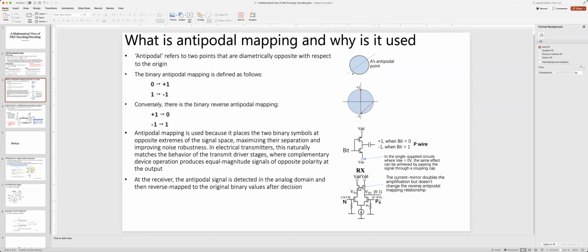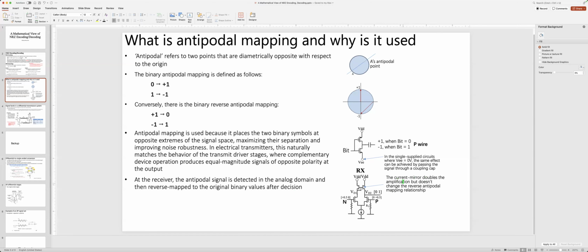Differential input, and we have a binary output here. And this current mirror circuit doubles the amplification of one side, so we will not lose the amplification when we convert the differential input to single-ended output.